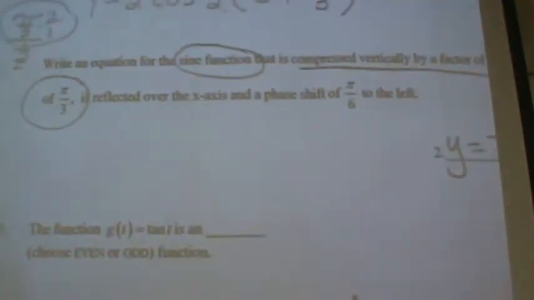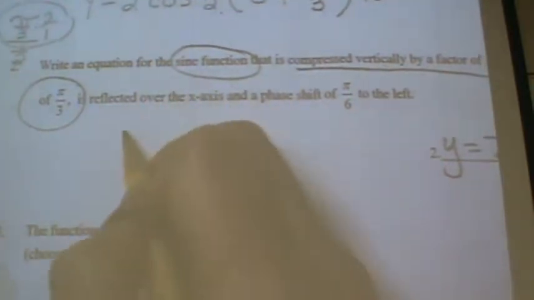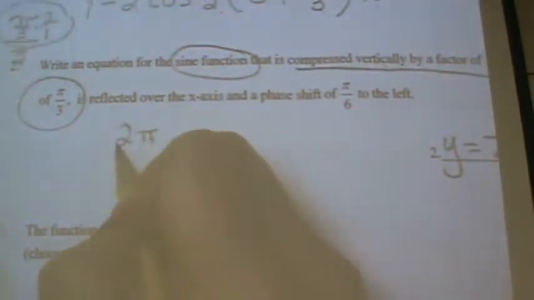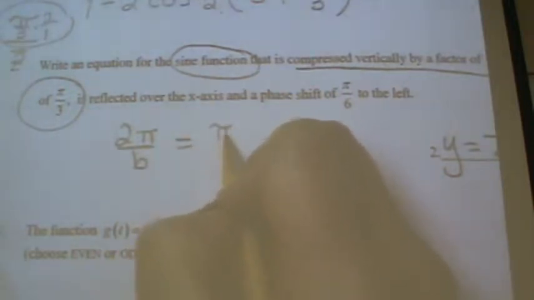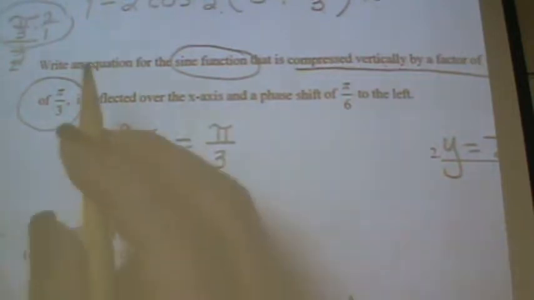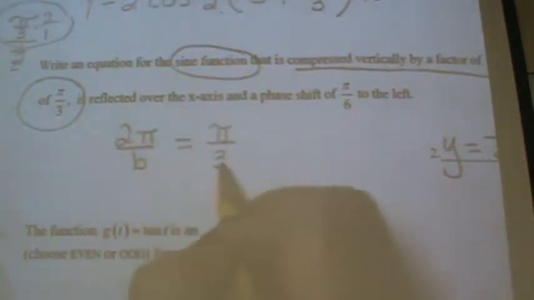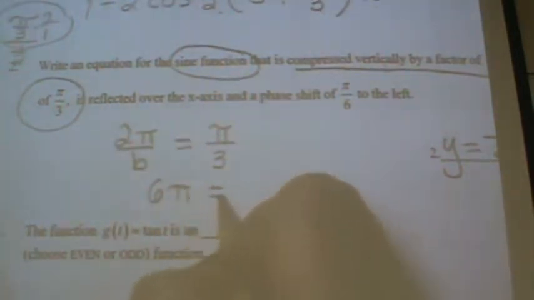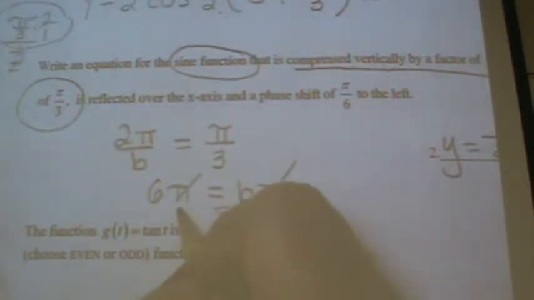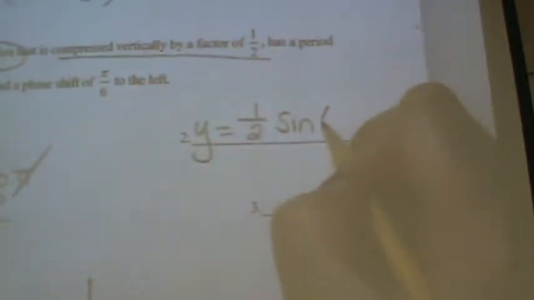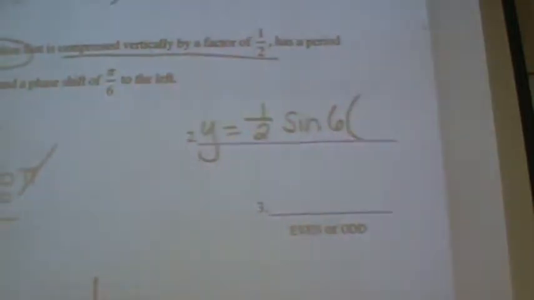Now it says that the period, the length of one full cycle, is pi over 3. Because it's a sine curve, we set 2 pi over b equal to pi over 3. We cross multiply. We get 2 pi times 3, which is 6 pi. The pi's cancel, so what's our b value? 6. That's the number that goes in front of the parenthesis. That's how you find the b value.